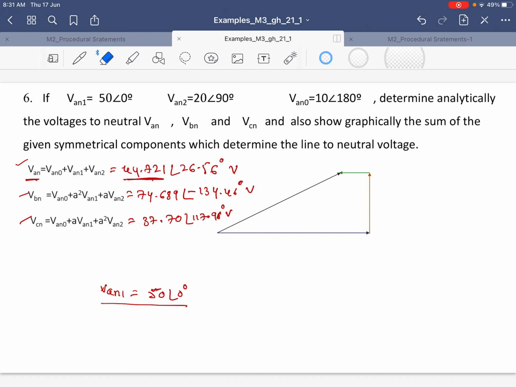I can take 10 volts equal to 1 centimeter. You draw VAN1, a vector of 5 centimeters representing 50 volts, along the reference. This is your reference.